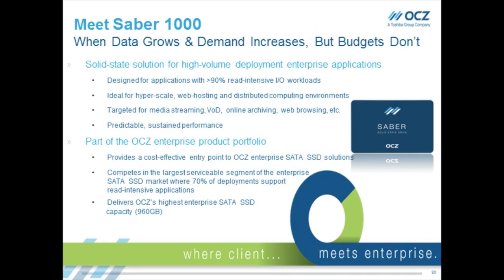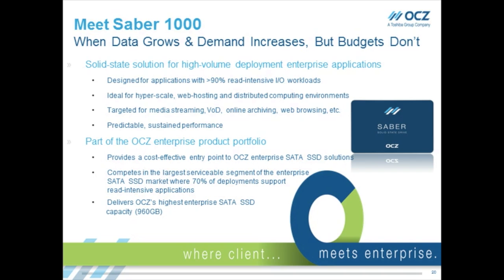And so Sabre is all part of our enterprise portfolio. It also carries that 5-year warranty we discussed earlier, and this is what we want to stand behind. We believe this is a great entry into our enterprise class products, which also consist of our Geneva and Intrepid lines in the enterprise SATA space.